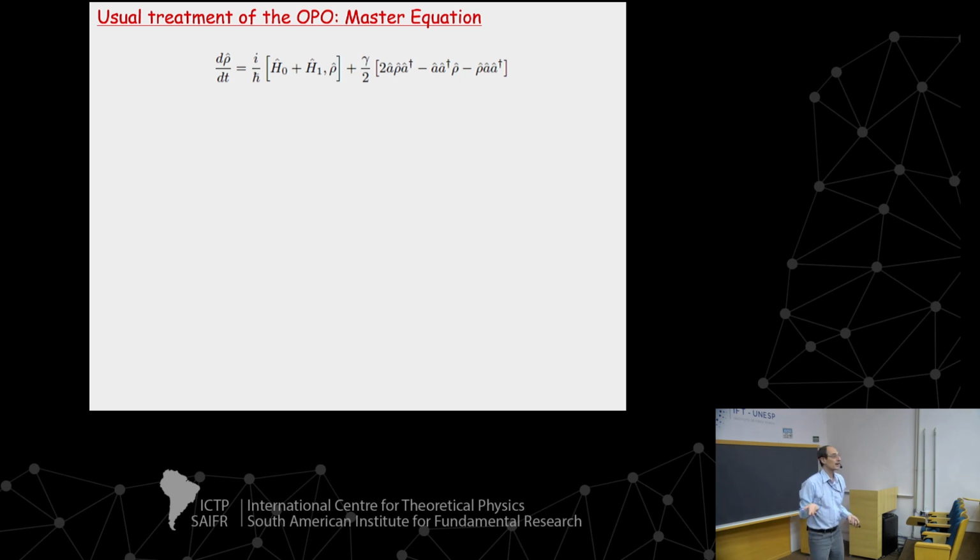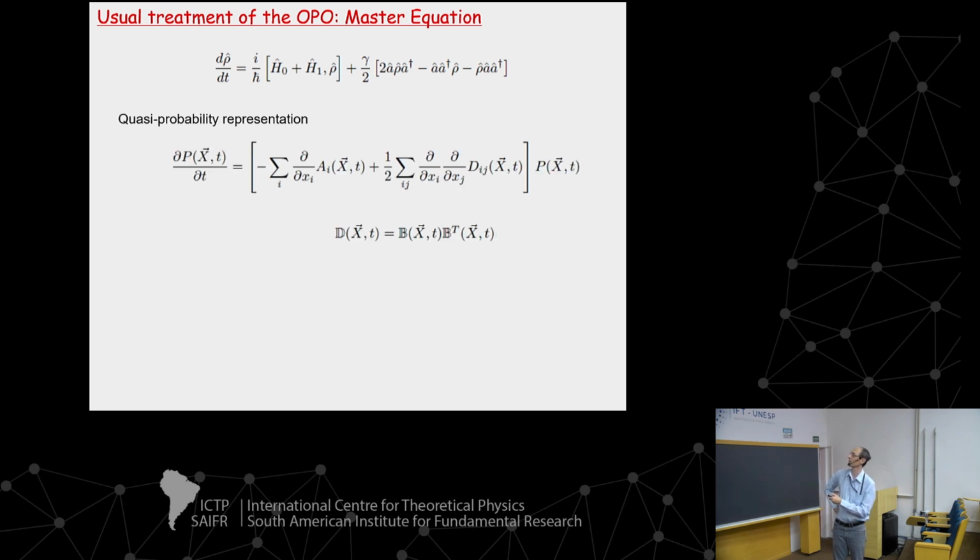But how to make the calculations? Often, you just make use of a master equation. You have the evolution of your system coupled to a reservoir here. When you treat all the rest of the universe as a Markovian reservoir, you are going to have those relations involving the damping of the cavity. You can, from that, make a substitution.